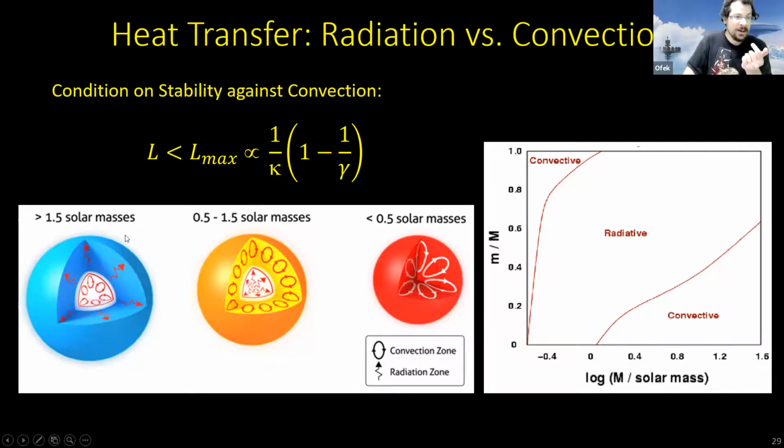Above 1.5 solar masses, the situation flips entirely. In hotter stars, here depicted in blue, upper on the HR diagram, bluer and hotter, it's actually the photosphere and the outer parts that are radiative transfer dominated, and the core is convective.